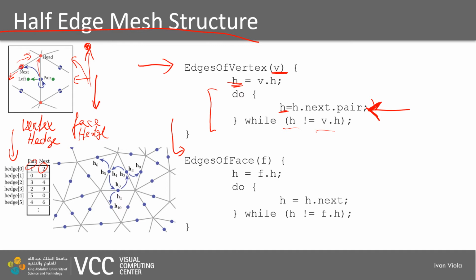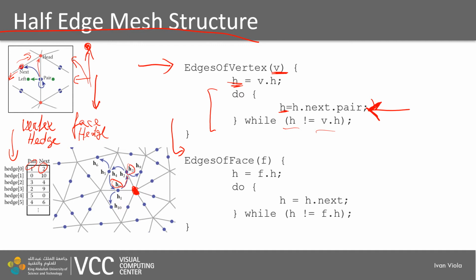Let's see an example of it. Let's consider this point be our vertex, which we want to rotate around, and its associated h0 will be the half edge which it stores. The next half edge will be h2, however, we want really its pair, which is h3.